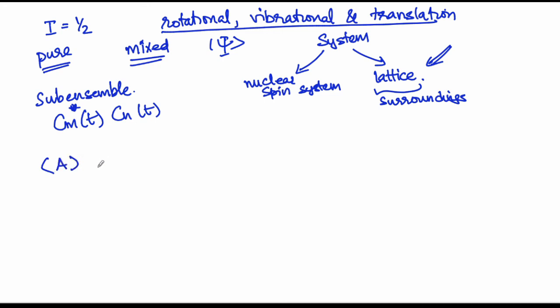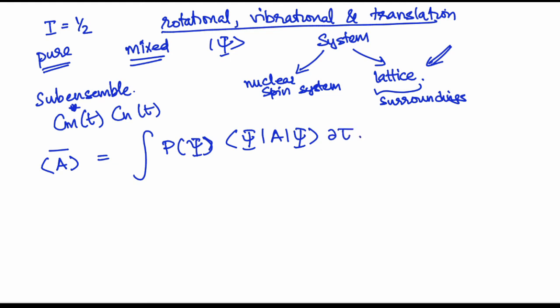But now with each of these sub-ensembles, we'll associate a probability density. So what we mean is that we are going towards more statistical terms right now, where we'll integrate over this entire probability of finding the system in that given state.